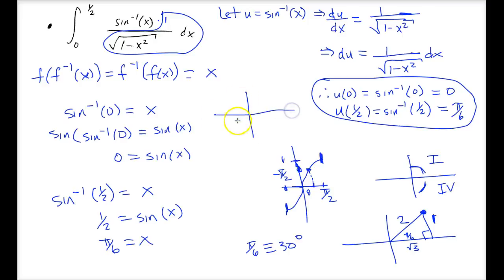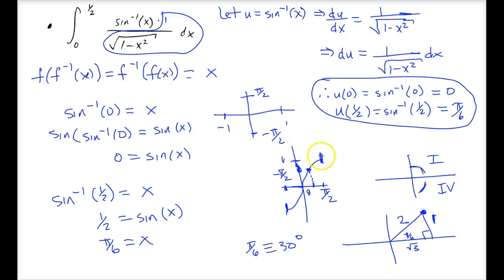So when we do that, our graph now looks like this. So we have pi over 2, negative pi over 2, and here we have negative 1 and 1.